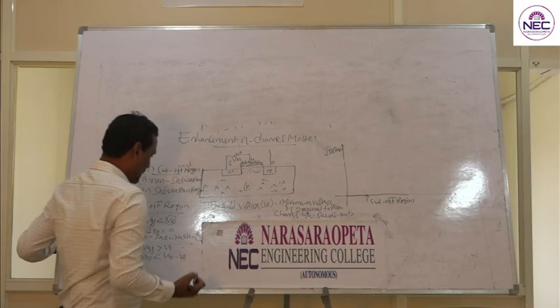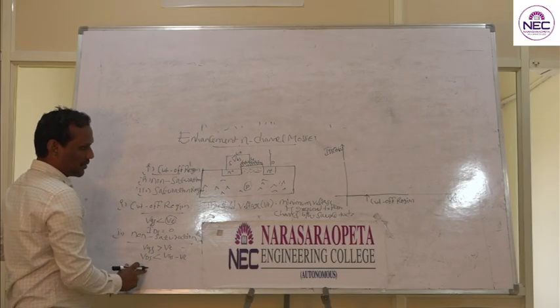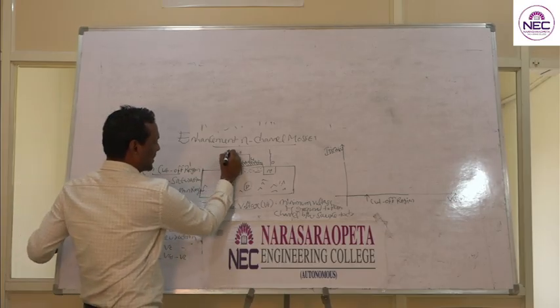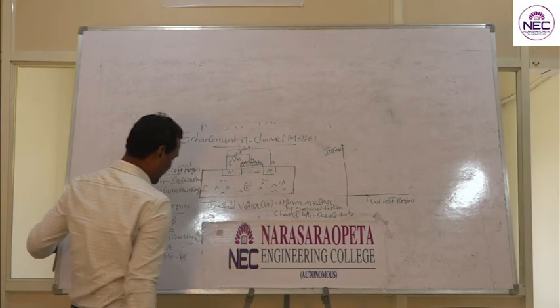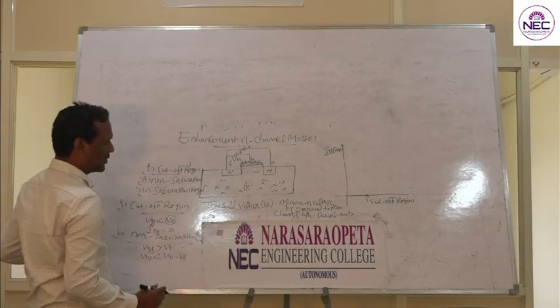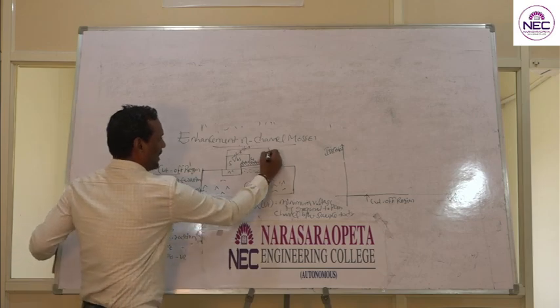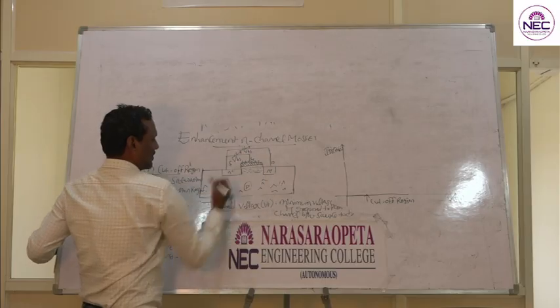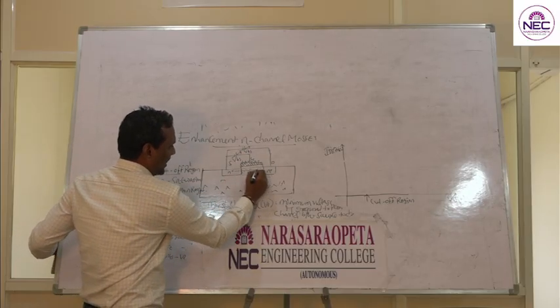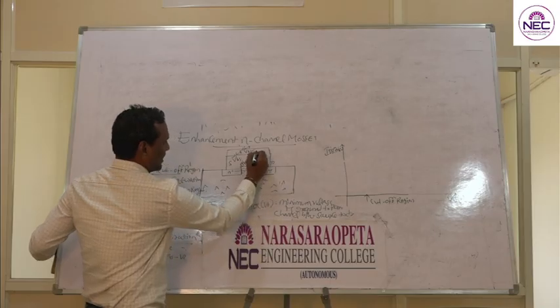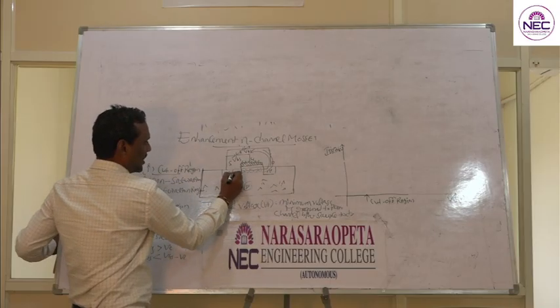Okay. So once the channel is formed, when we are applying the VDS, some IDS will be produced. The electrons start moving from source to drain, and the current will be produced in the opposite direction.